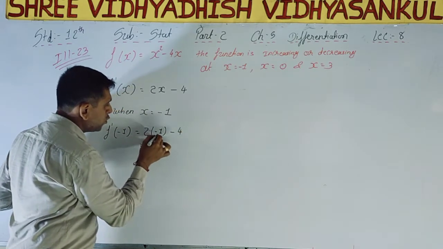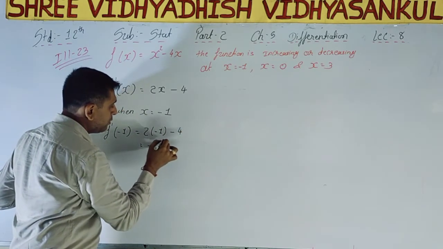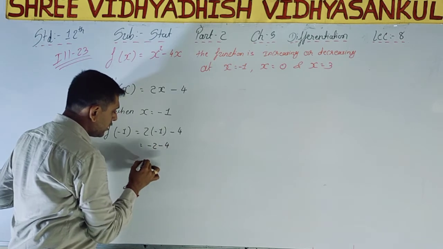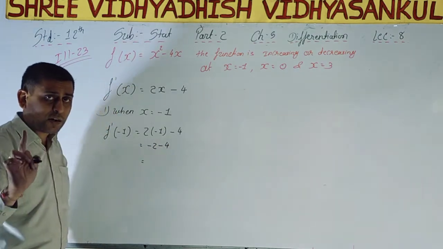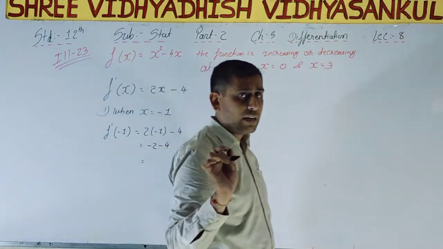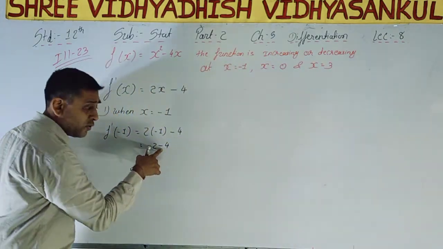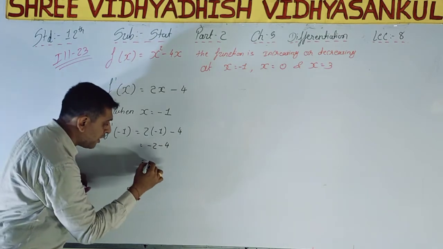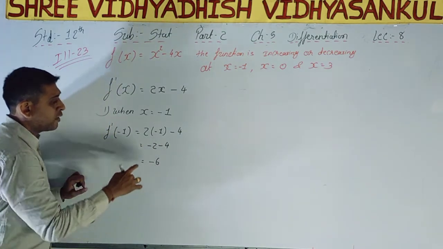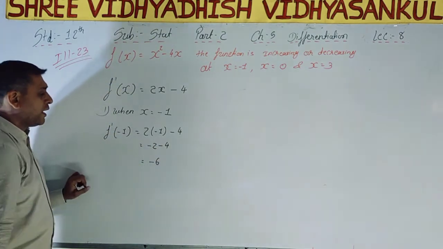What is the value? 2 ones are 2, but minus 2 minus 4. The sign is for the higher value, that is 4, and therefore the sign is minus. That's why minus 6. Minus 2 minus 4 is minus 6.